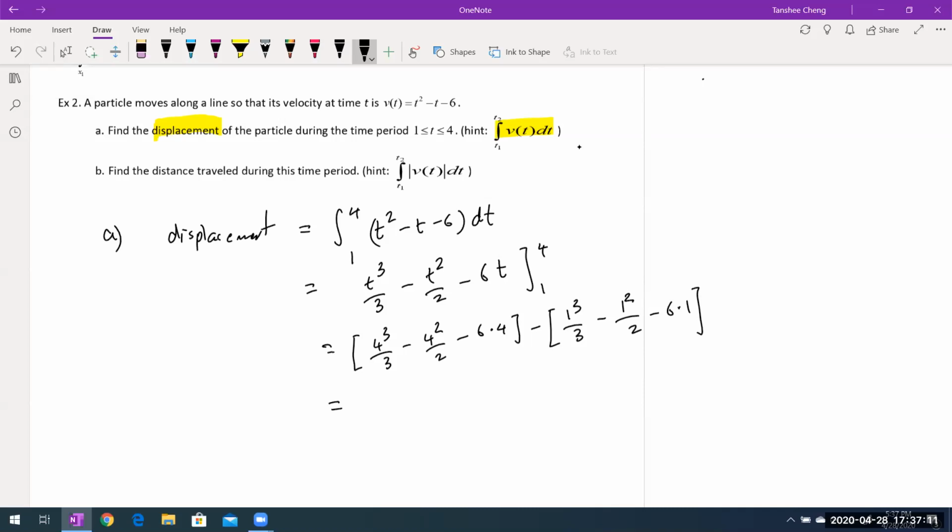Notice that this portion and this portion are finding the difference in the positions at those two different times. That's how we get the displacement. So this becomes 64 over 3 minus 16 over 2, which is 8, minus 24, and negative 1/3 plus 1/2 plus 6.